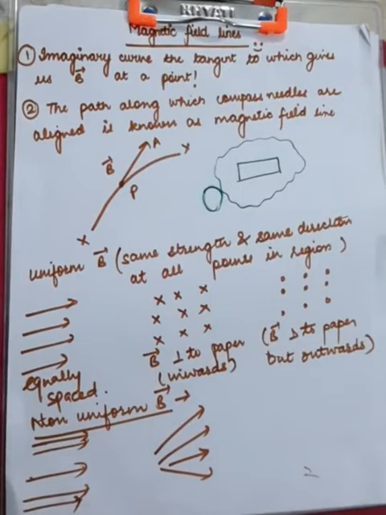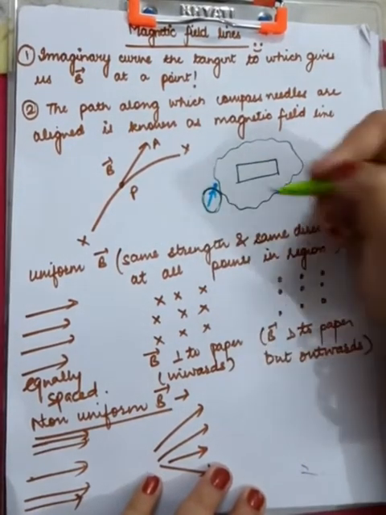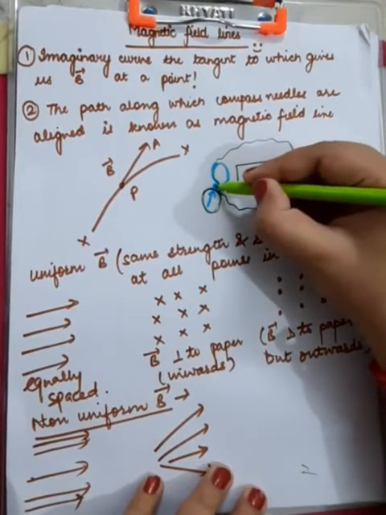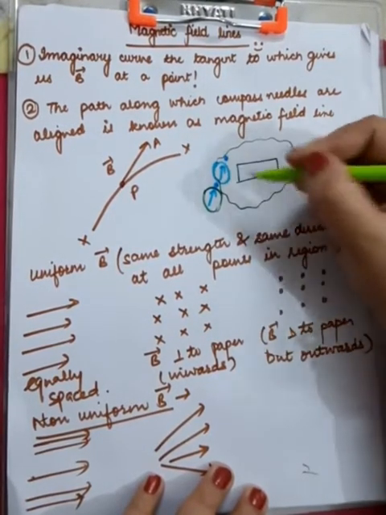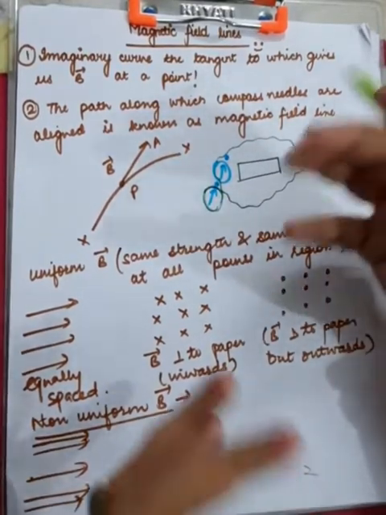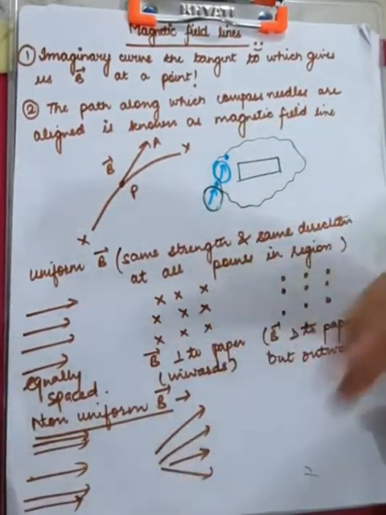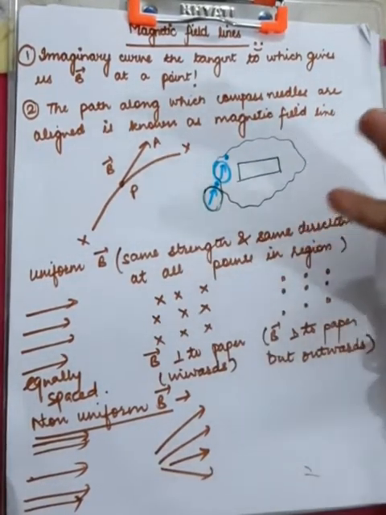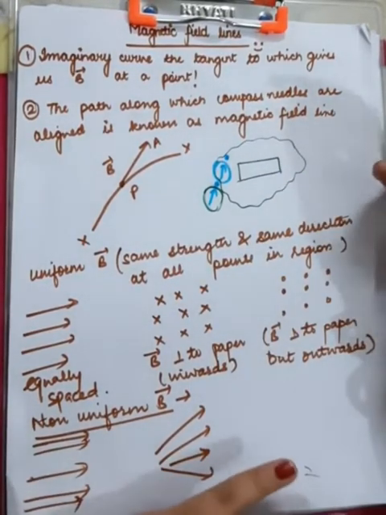So you need to see along what direction this compass needle is aligning. Suppose it is aligning towards here, so this will be the first point. After that you keep it at this point only, and suppose it aligns here, so this will be the second point. After that, if you join all these points where the magnetic compass needle is aligning, then combining those points will give you the direction of the magnetic field line, right?